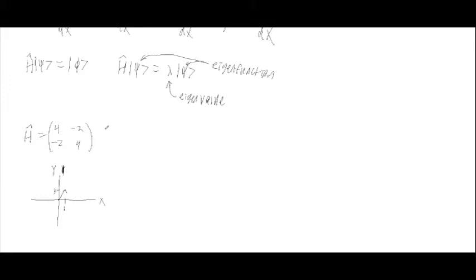We can take our 4, minus 2, and 4 and multiply it by our vector 1, 3, and then what we get is 4 times 1 plus minus 2 times 3, then minus 2 times 1 plus 4 times 3, so that is 12.